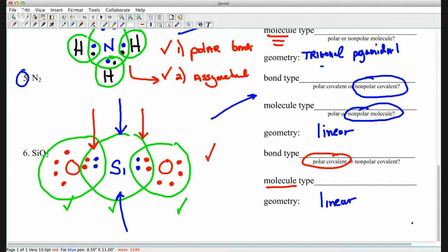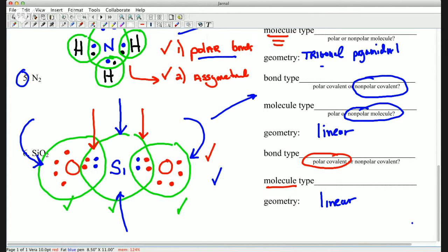And because it's linear, we would say that the amount of electrons on this side is going to be the same as this side. There's no poles because the 2 polar bonds are being symmetrically distributed. So this has polar bonds. The first law is satisfied, but this thing is symmetrical.